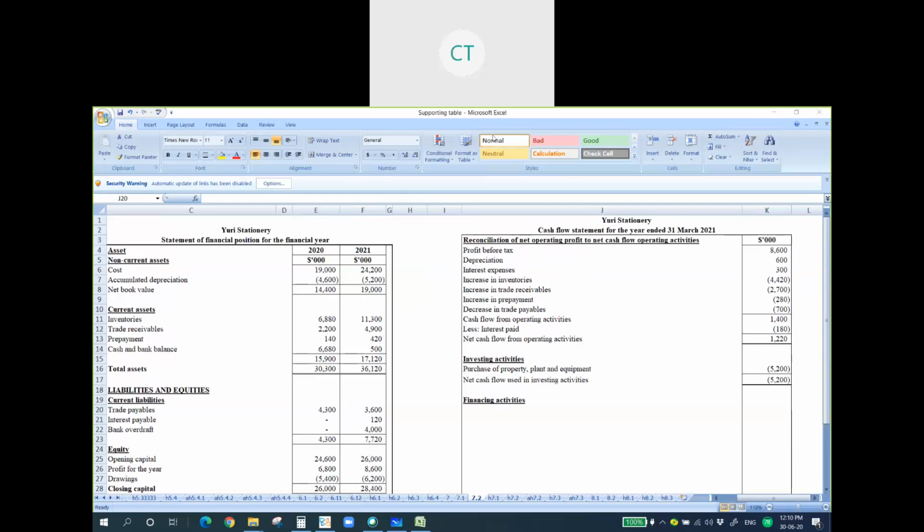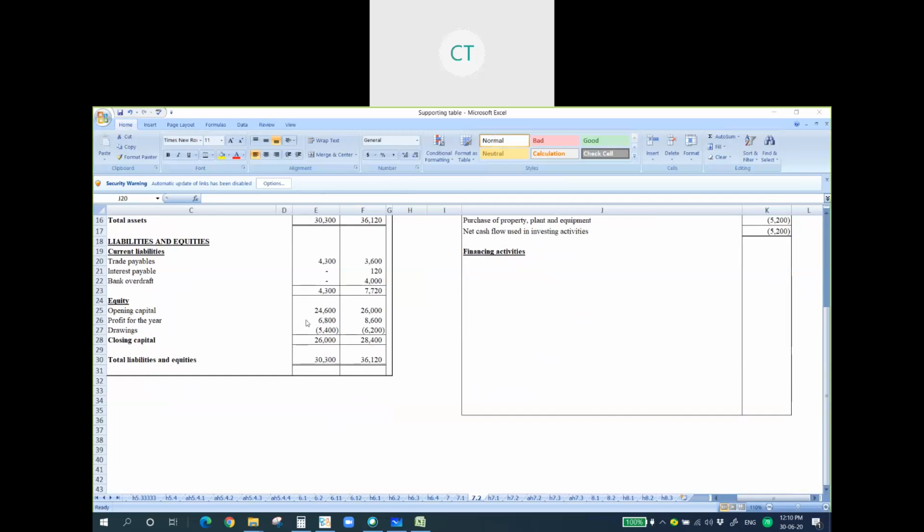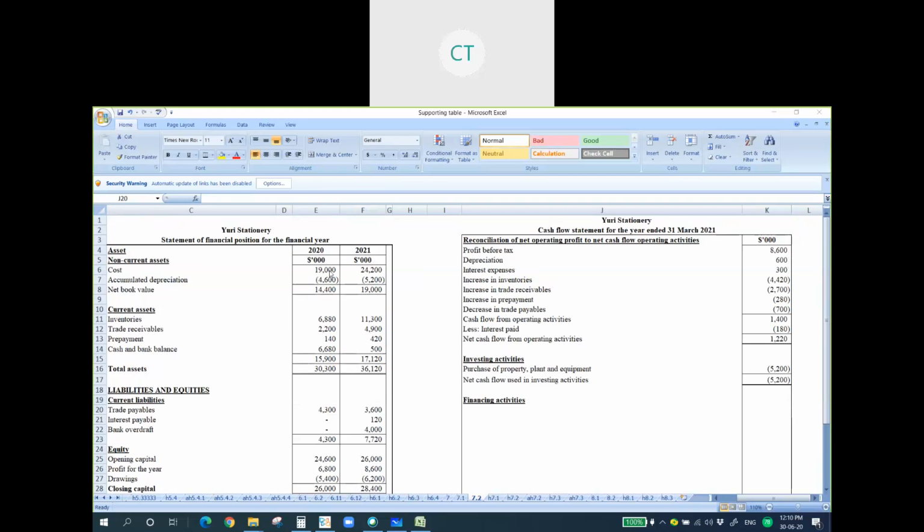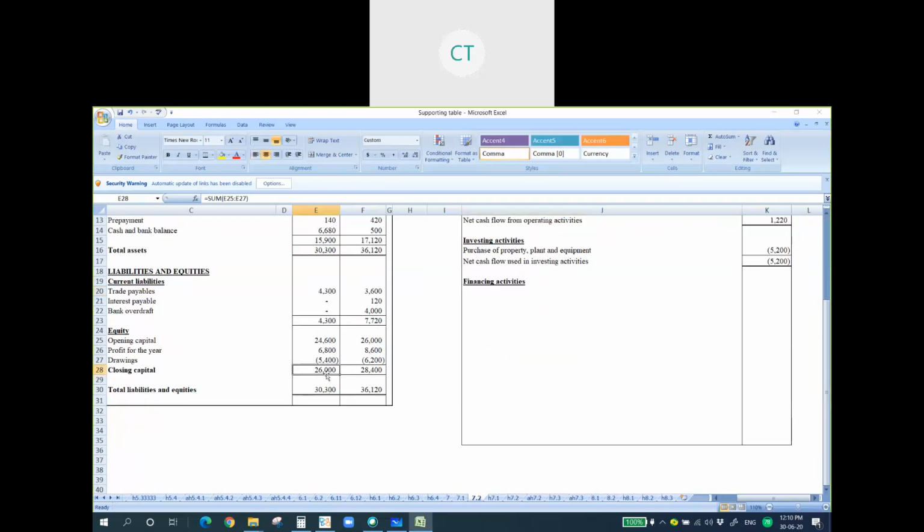In year 2020, my opening capital is 24,600. I have profit in 2020. I minus my drawing, I get my closing. This closing will flow to year 2021 opening, meaning that actually there is no increase in the capital. So you don't miss out with this, because the format they use is the closing balance brought to next year. And this profit for the year has been shown in the profit before tax in your cash flow statement.